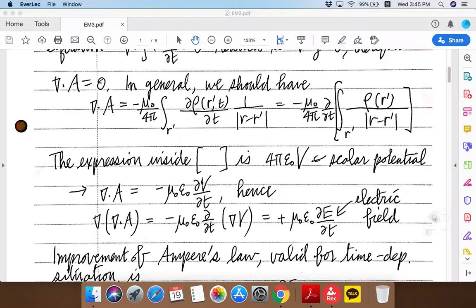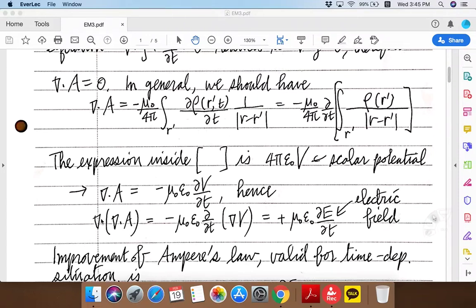Previously this time dependence was 0 because we were always looking at the steady state charge distribution, for which of course there would be no time dependence in the electrostatic potential. But if the charges are fluctuating, then there's no reason why the scalar potential should not fluctuate together. So this is simply a statement of the more general situation where charges are fluctuating.